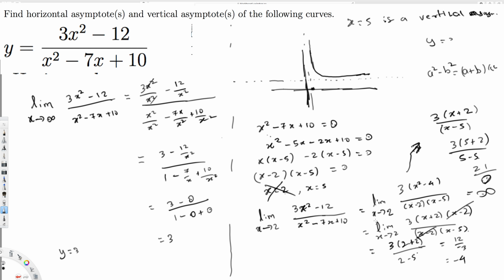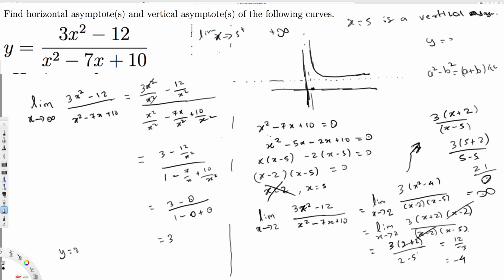And you know, there are two sides to do this. You can take the 5 from the left hand side and the right hand side. From the right hand side, it is x approaching 5 plus, and the answer is positive infinity.